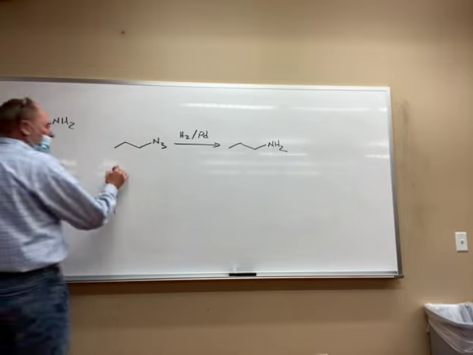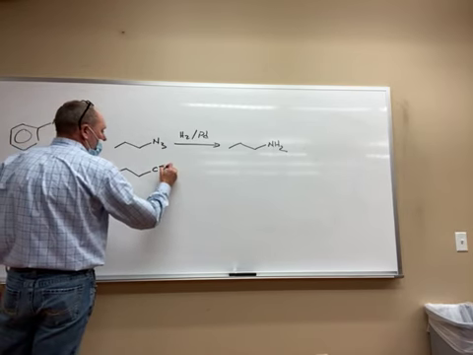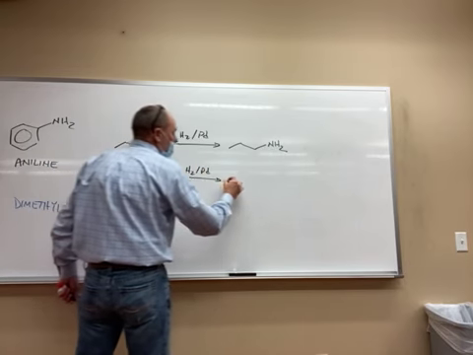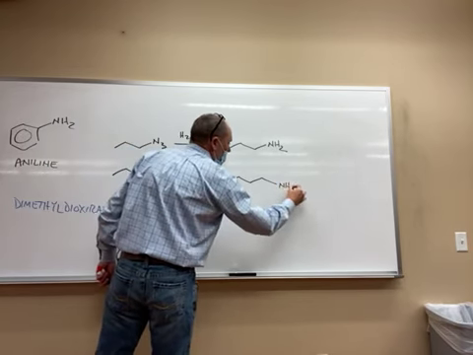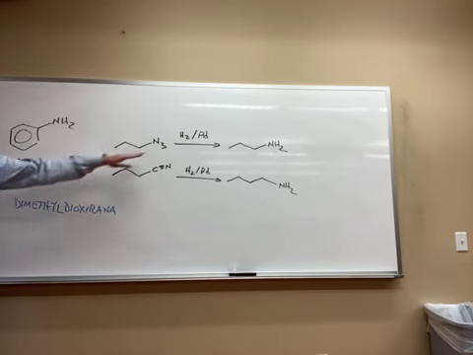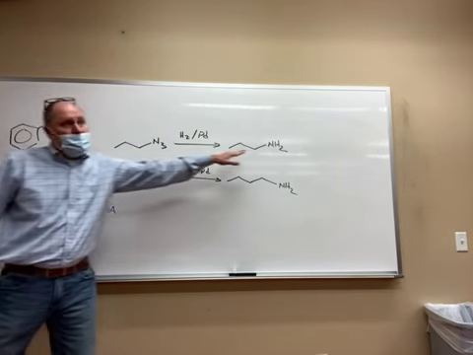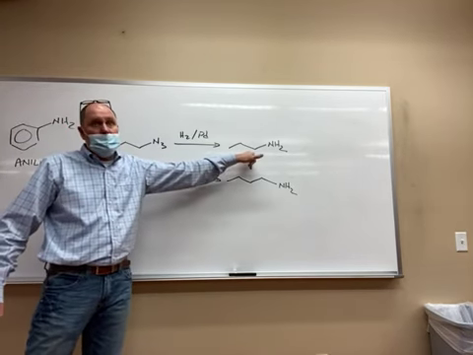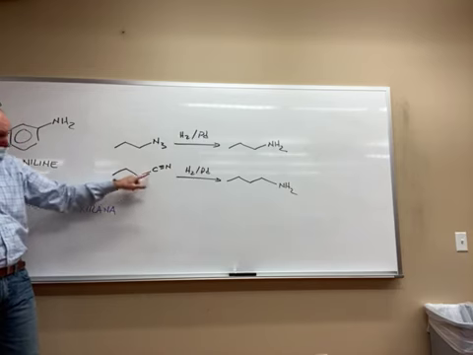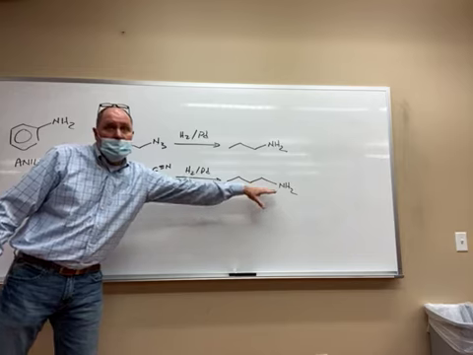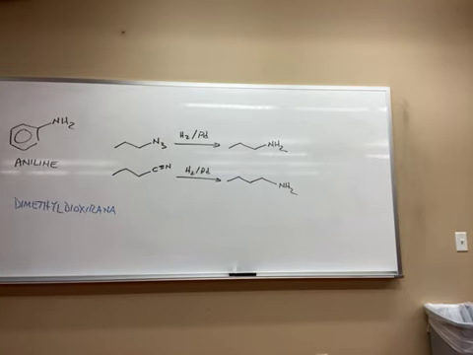And if I have the nitrile and I hit it with hydrogen and palladium, it also goes to the amine. Notice the azide has 1, 2, 3 carbons, and the nitrile has 1, 2, 3, 4 carbons, so I should have 1, 2, 3, 4 carbons in my reduced amine.